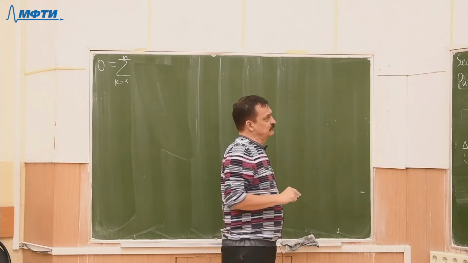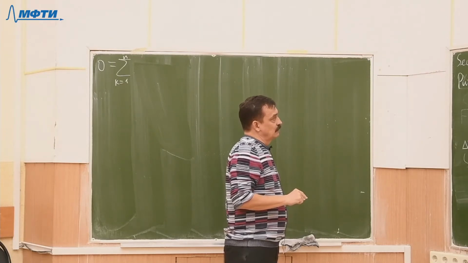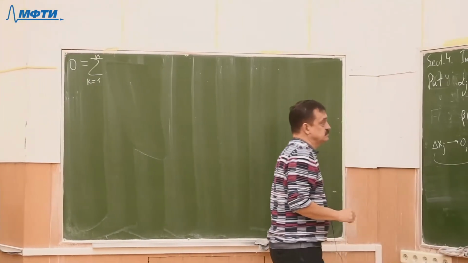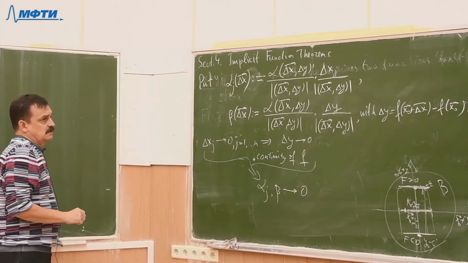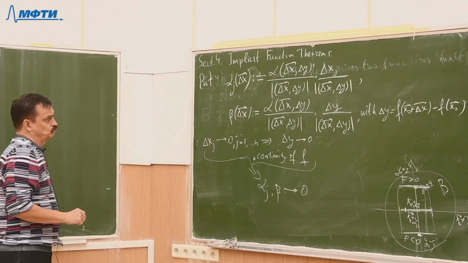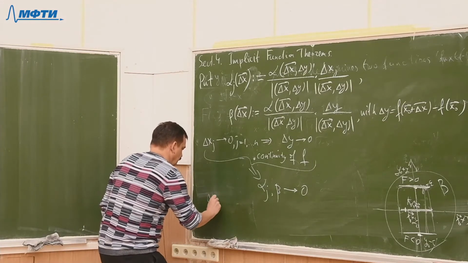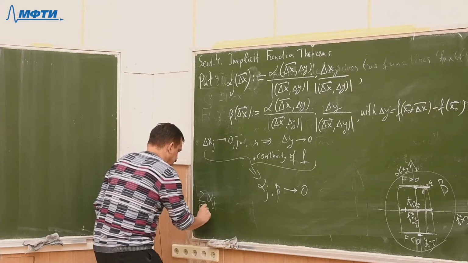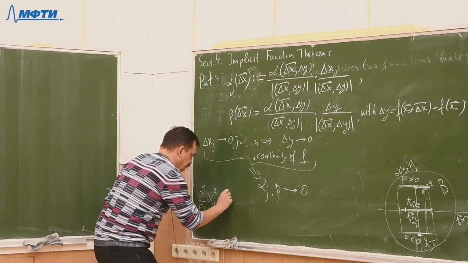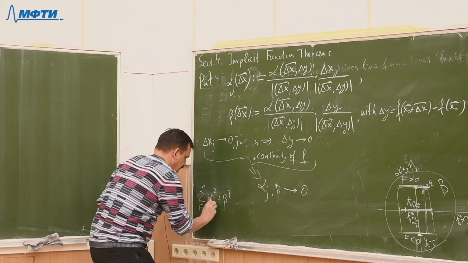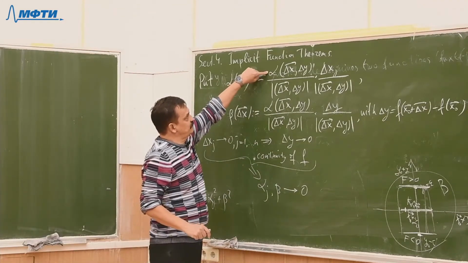Maybe it's better to mention it here. Look, if I consider such a sum, alpha j squared plus beta squared, then look, what is it? So I have alpha squared, right?